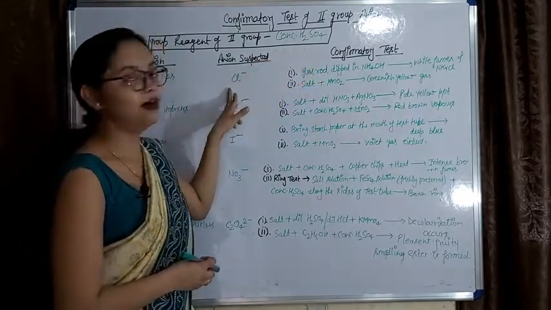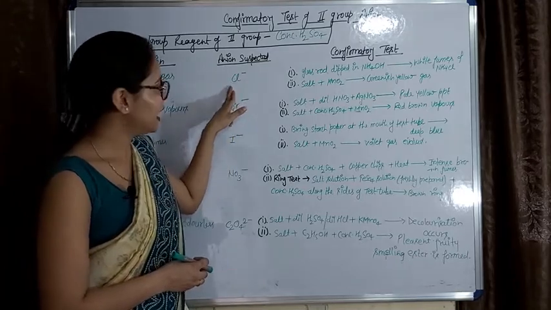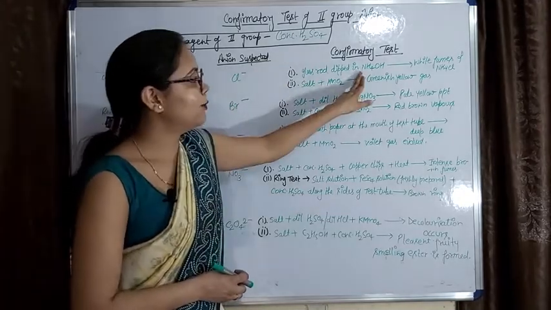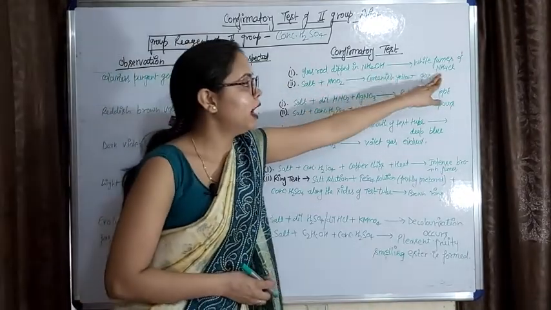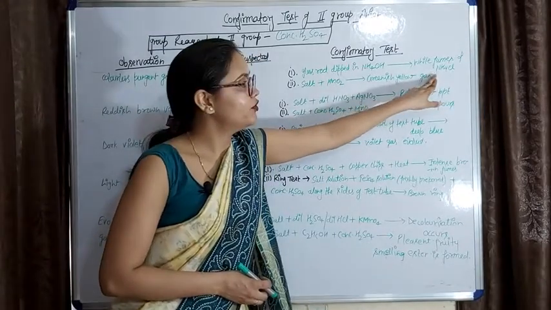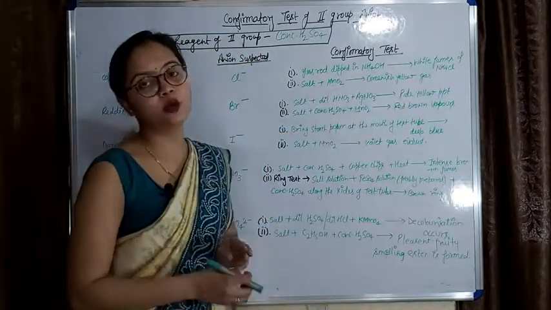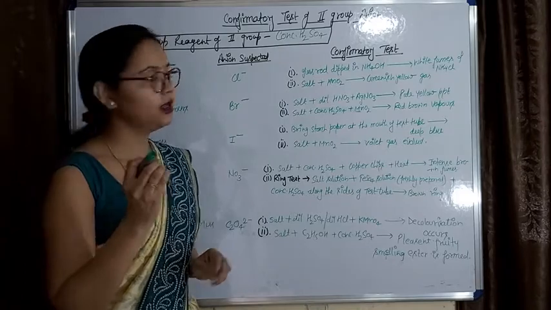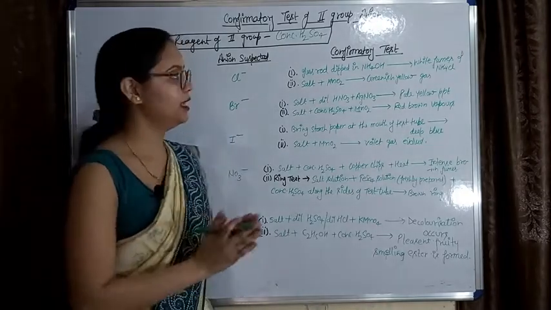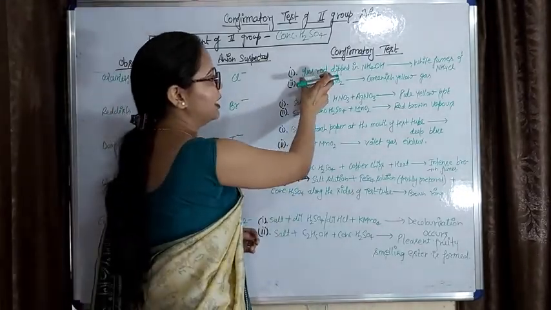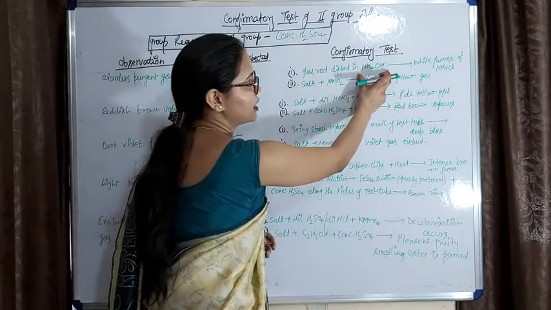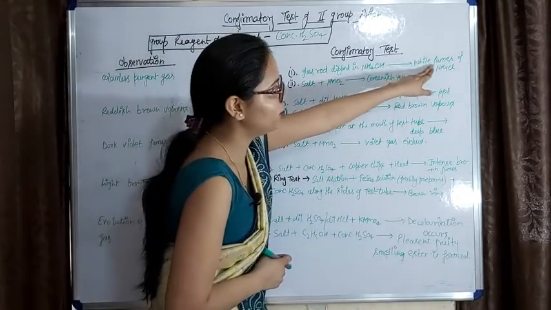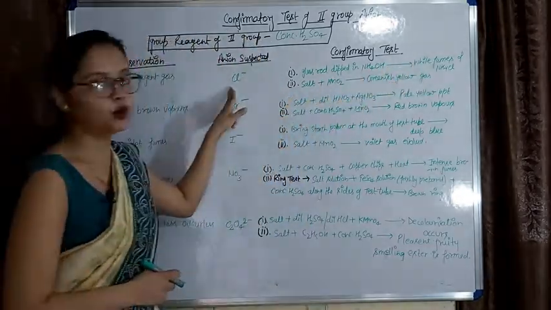The evolved gas, chloride ion, reacts with ammonium hydroxide and forms ammonium chloride, whose physical appearance is white fumes. In short, if you bring a glass rod dipped in ammonium hydroxide and you get white fumes, it shows the presence of chloride ion.